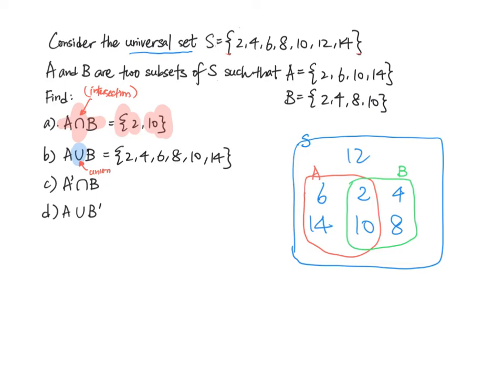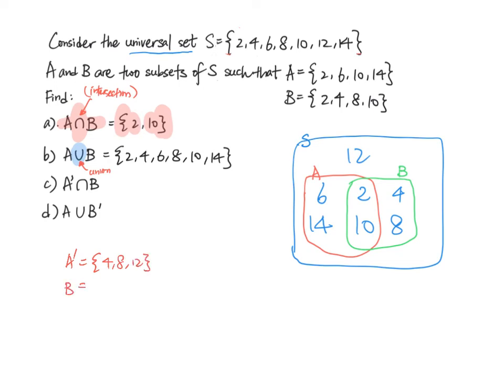Now for part C, we want the intersection of A prime and B. Prime means the complement. That means everything that is not in A. So A prime is 4, 8, and 12, right?